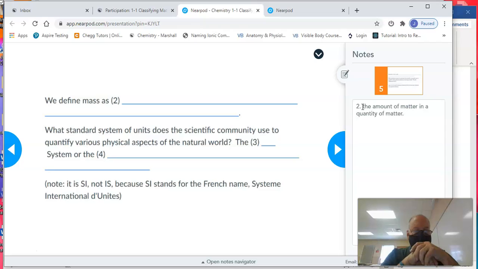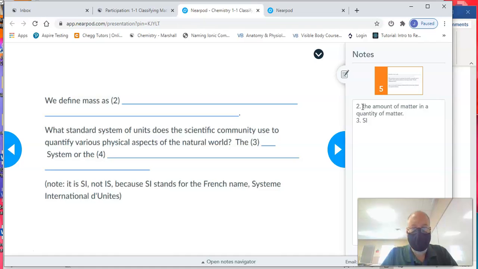The standard system of units the scientific community uses to quantify things in the natural world is called the SI system. You may think it's the metric system. It's the outgrowth of the metric system, but it's not the metric system itself.